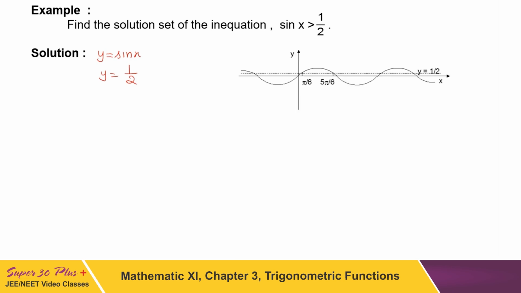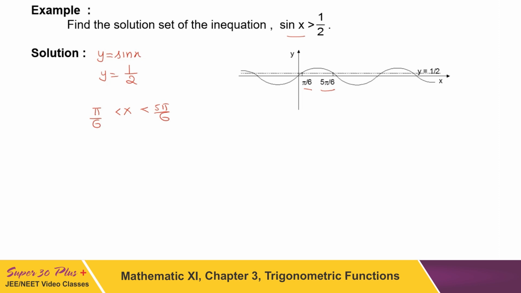Here is the graph of sin x and graph of y is equal to half. Within a period of length 2 pi, we can observe that from pi by 6 to 5 pi by 6, the value of sin x is greater than half. Then we can say the answer of this inequality is x greater than pi by 6 to 5 pi by 6.